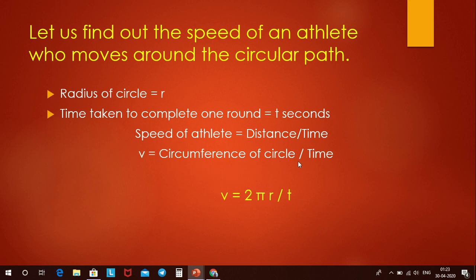So v equals circumference of circle upon time, and the formula of circumference of a circle, as you all know from geometry, is 2 pi r, and time is given by t. So the speed of an object describing a circular motion is given by v equals 2 pi r upon t. This is a very important formula.